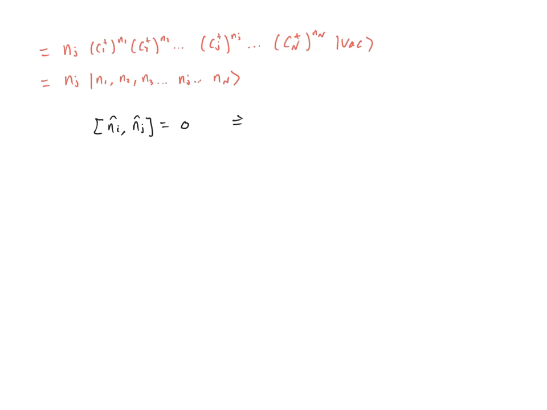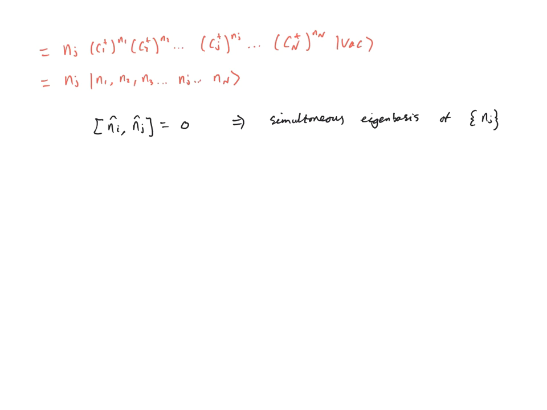And what this tells us is that we can form a simultaneous eigenbasis of the number operators. We can label our states not just according to the eigenvalue of nj hat, but also of ni hat or nk hat or whatever. In fact, we can label our states according to the eigenvalues of all of the occupation numbers, and indeed that's the whole point.